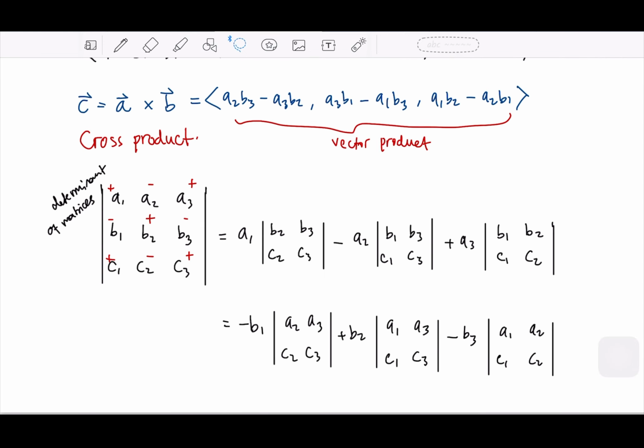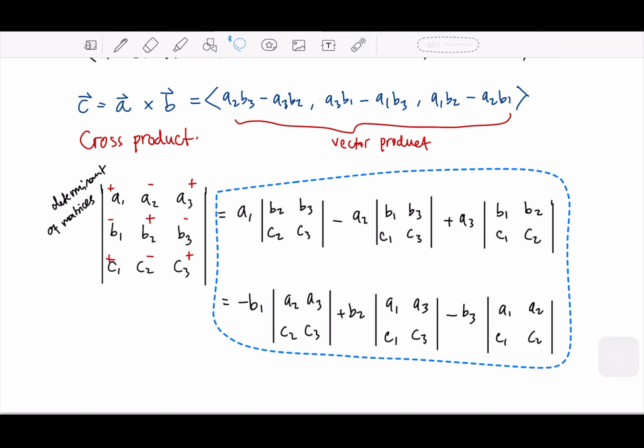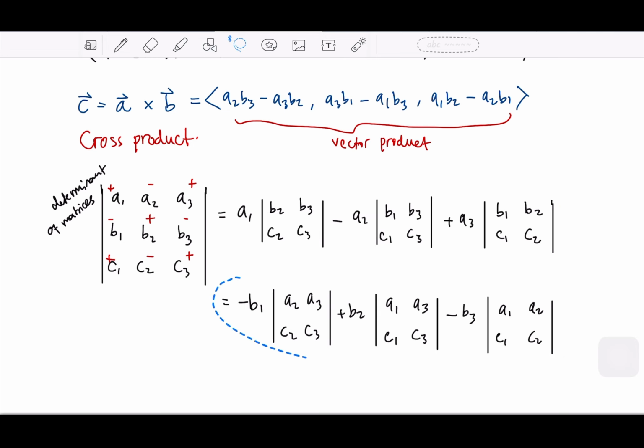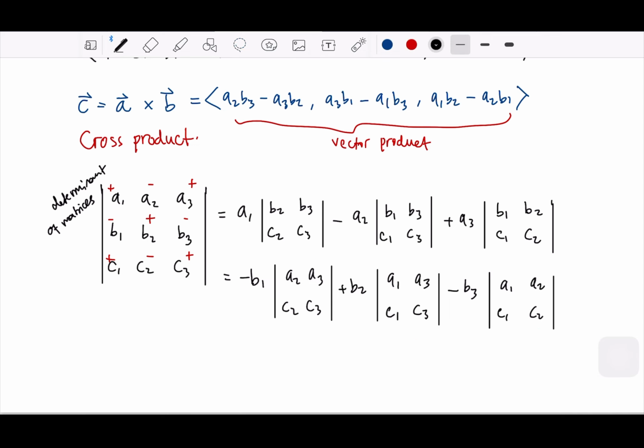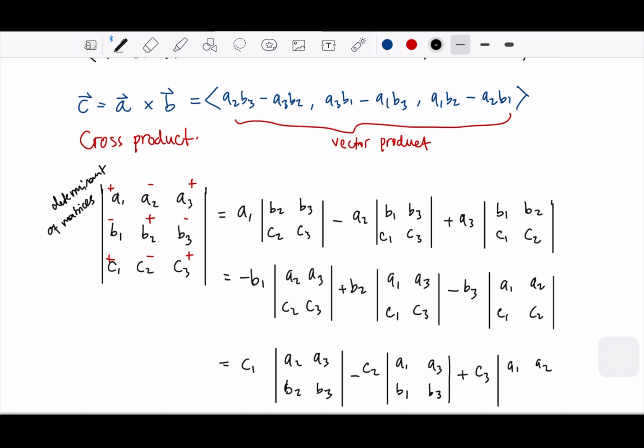And similarly, let me move this up a little bit. We have C1.